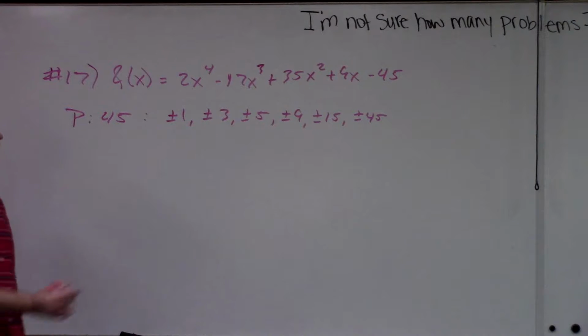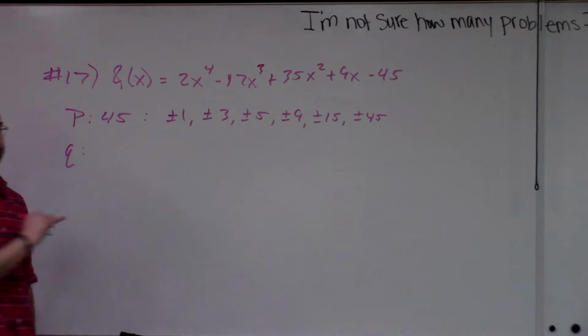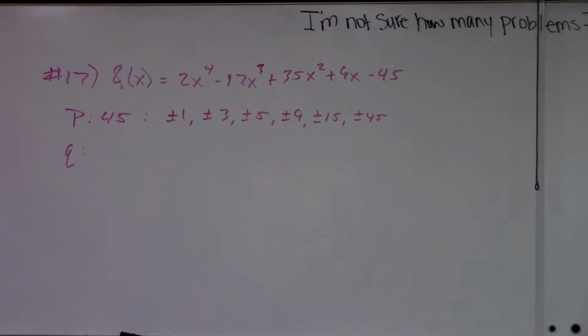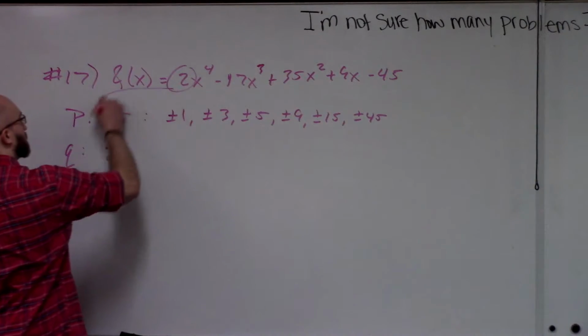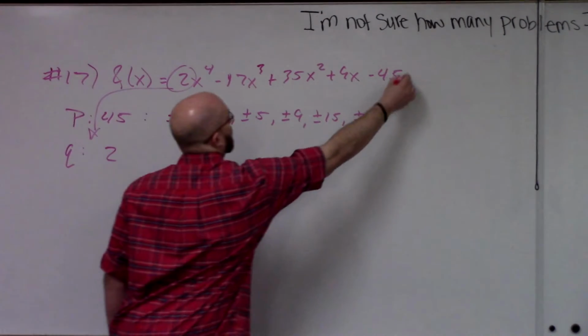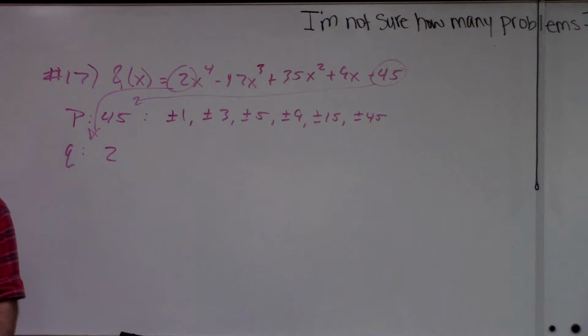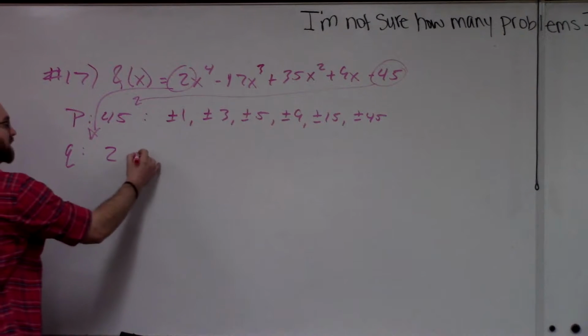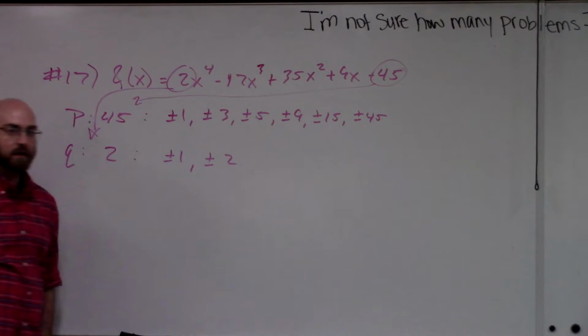Okay, that's the P. What's the Q? It's 2. This goes here. This goes here. Possible factors of 2? Right there, right?